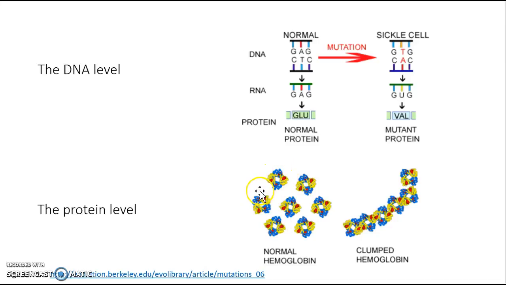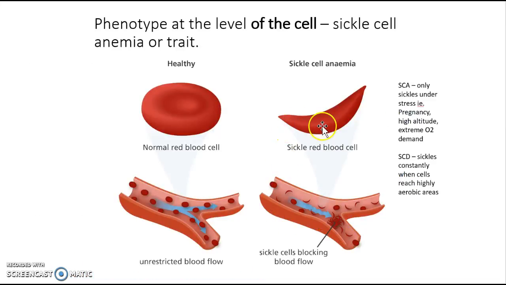There's the hemoglobin protein. It's not stuck to any other hemoglobin proteins, which is good because it allows the red blood cell to function normally in that case. In contrast, if you have two mutant hemoglobins, and that means they have two mutant beta subunits, or even one mutant beta subunit, then what will happen when they bump up against each other is they'll stick together, and you get these strings of clumped hemoglobin, and that causes the whole red blood cell to sickle or take on this abnormal and unhealthy shape.